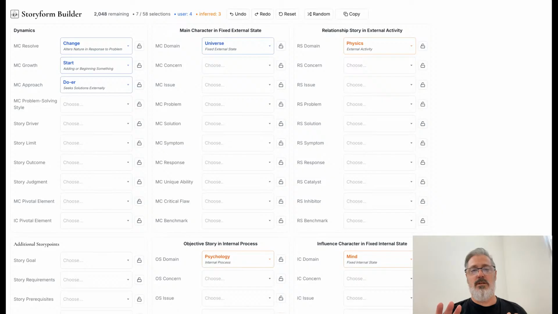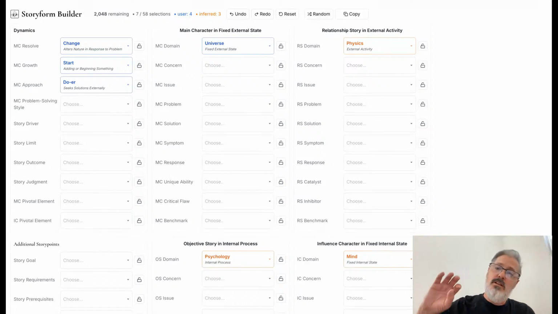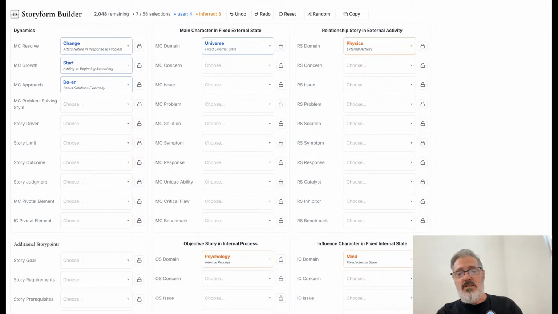When you have just the model at rest, the table of story elements, universe is always in the upper left, physics is always in the upper right, psychology is in the lower left, and mind is always in the lower right. So all I did was rearrange the different through lines here automatically so that you could see them balanced out in terms of the mental model of the Dramatica theory, where all the through lines would be situated.